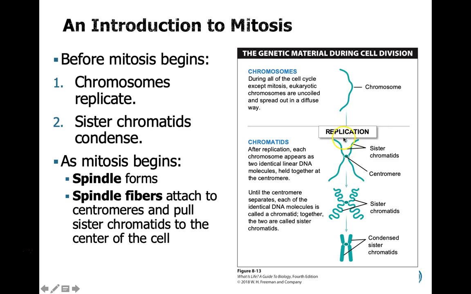In preparation for mitosis, we are going to replicate our chromosomes, produce our sister chromatids, and then they are going to begin to condense into this very nice, tightly packed chromatid. If you have ever seen a picture of a chromosome, you have probably seen the condensed sister chromatid form.